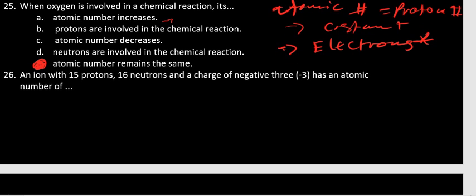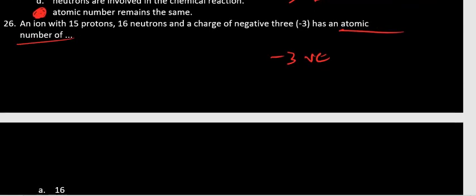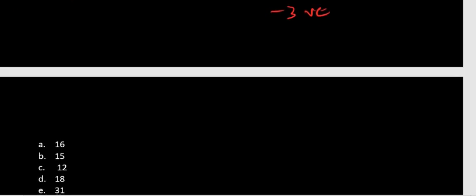An ion with 15 protons, 16 neutrons, and a negative charge has an atomic number of? Before I go anywhere, the word is atomic number. Like I said, it doesn't change, so of course it will still remain 15.